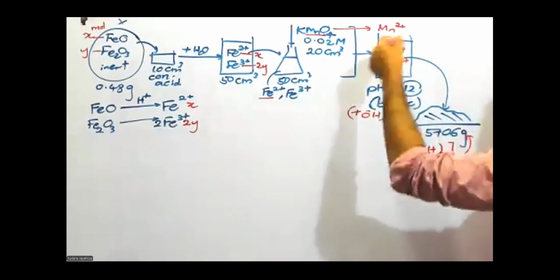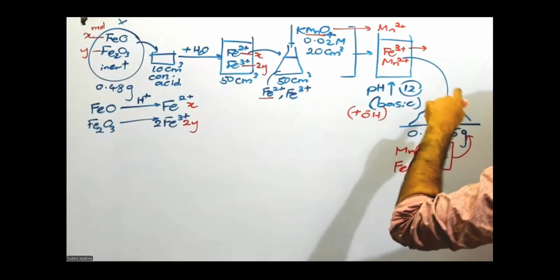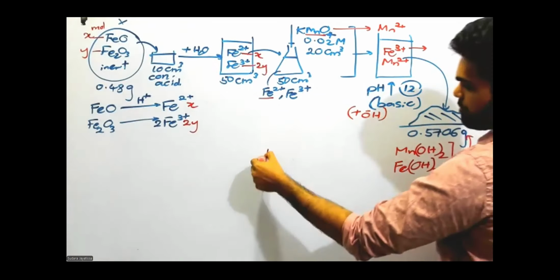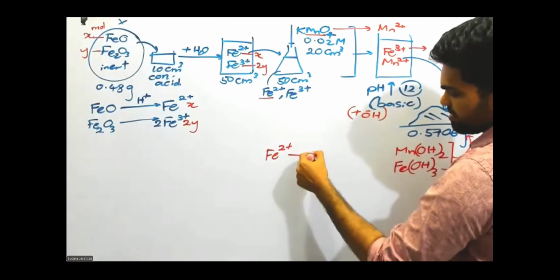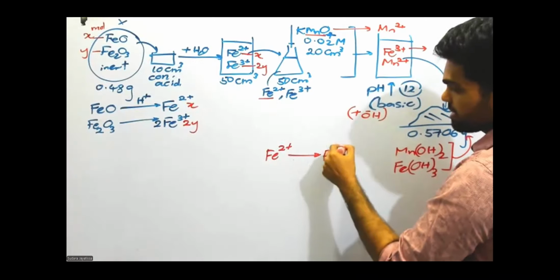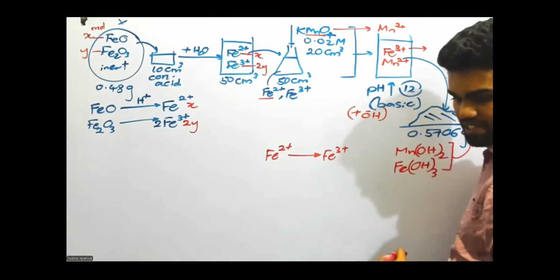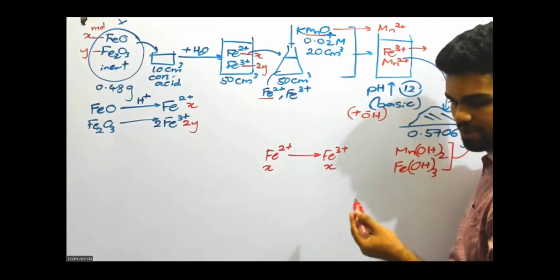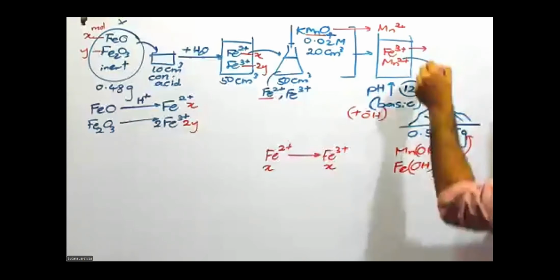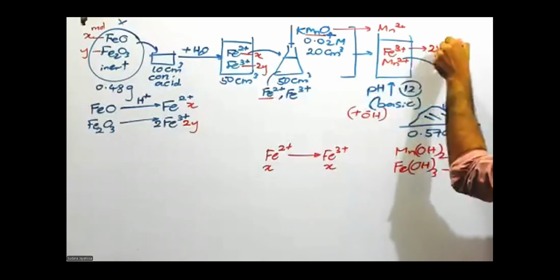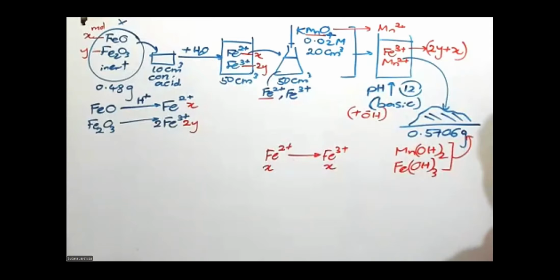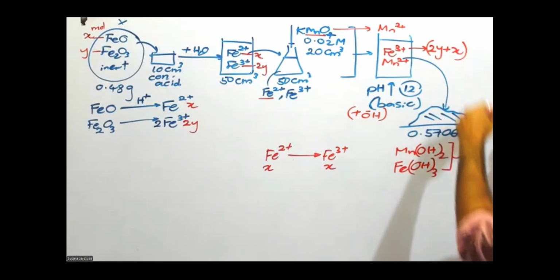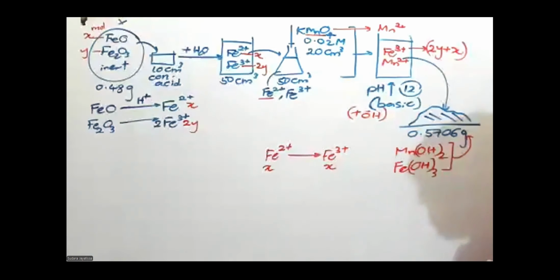Finally it is converted to Fe3 plus. The Fe2 plus is converting fully to Fe3 plus during this KMnO4 reaction. That means if you had X moles, you will have X moles of Fe3 plus from that. So 2Y plus X moles are there. Permanganate moles you can also find by that particular titration.